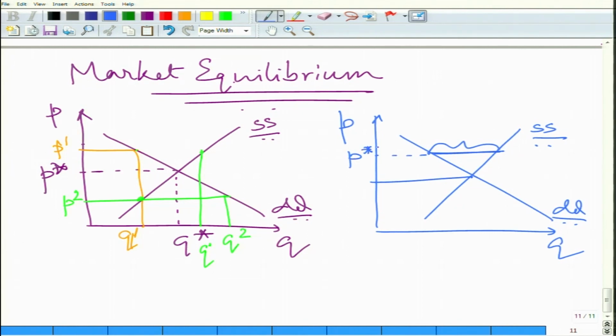When price is higher, that supply is higher than the demand, then this point is known as surplus because supply is more. This is known as surplus. On the contrary, because at this high price, the demand will be low but the supply will be high.